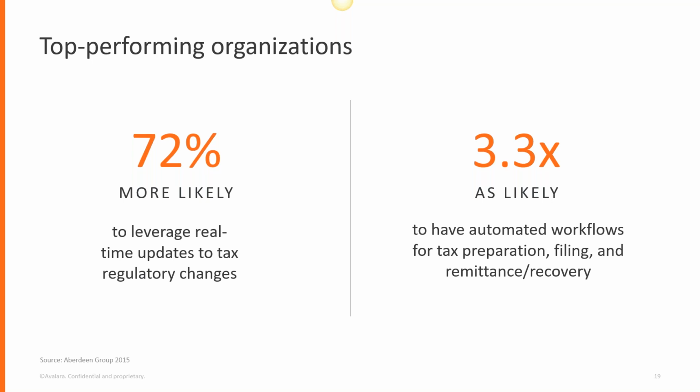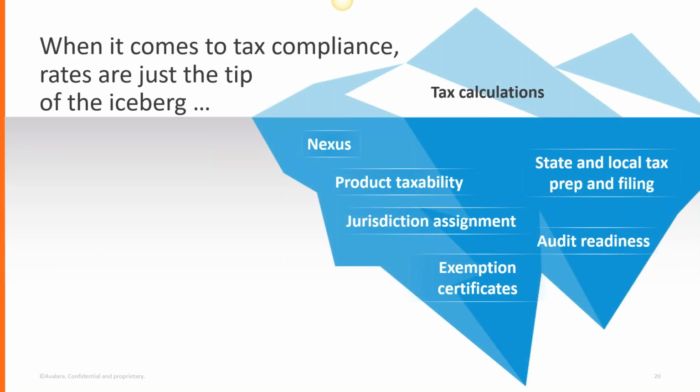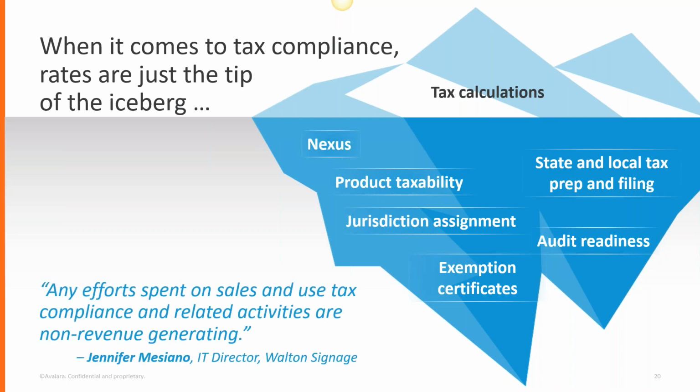That nexus trigger and obligation and complexity around new products, new business lines, they made an acquisition. All of these moving parts really drive complexity around sales tax, thus automation is significantly more likely, because they know what's below the surface in terms of dealing with tax compliance.